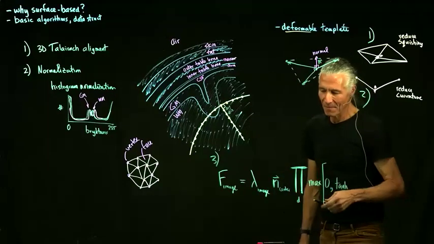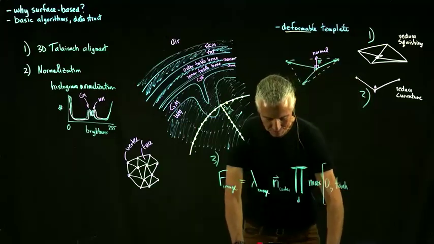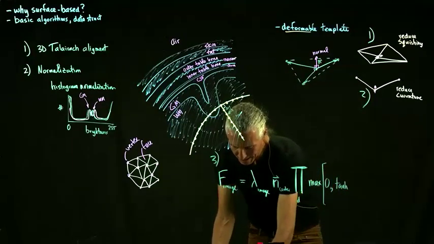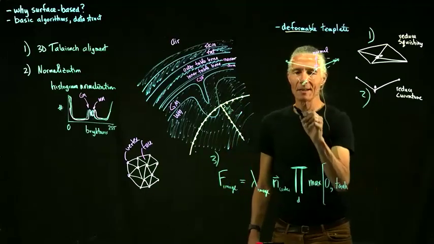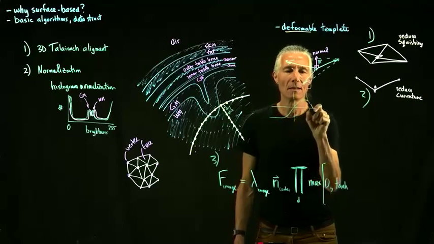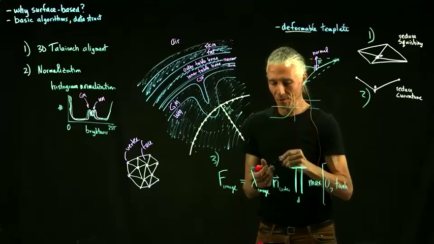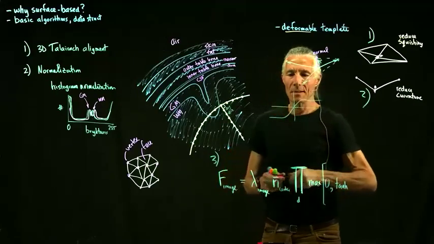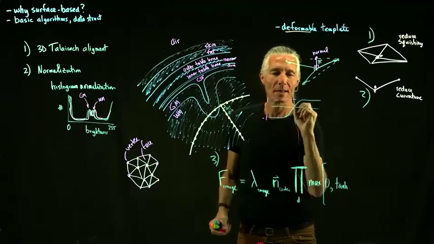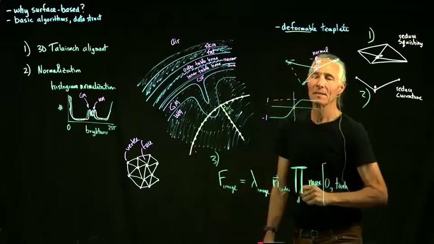So what does that hyperbolic tangent look like? Let's just draw it out. It looks something like this. It goes from -1 to 1, and it goes through 0 right there.